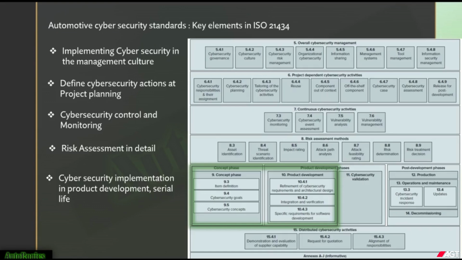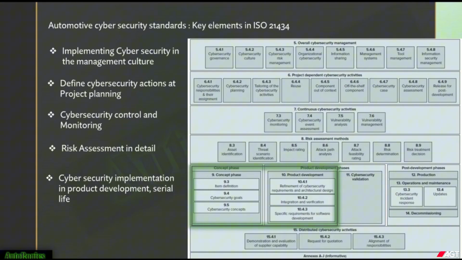These cybersecurity activities are applied to the different levels of abstraction of architecture, namely the development of a system, hardware component or software component. So the product development will have three different phases. One is refinement of cybersecurity requirements and architectural design, then integration and verification, and specific requirements for the software development.